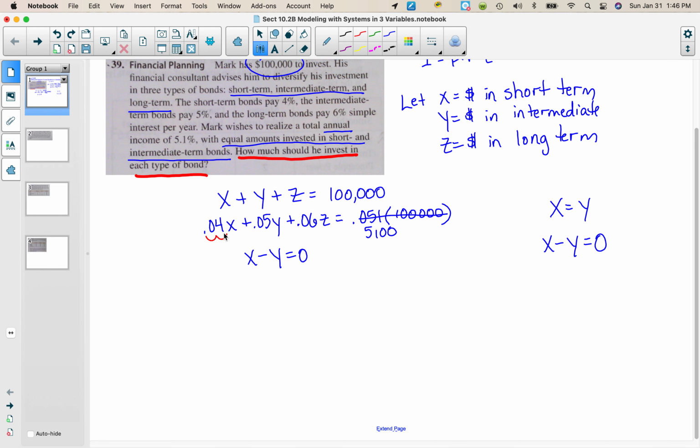So if I move this 2 places, then I have to do one here too. So I'm going to get 4x plus 5y plus 6z equals 510,000.